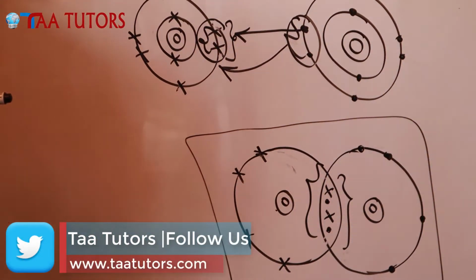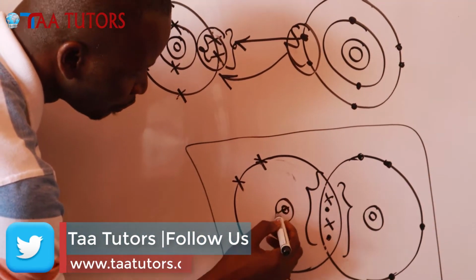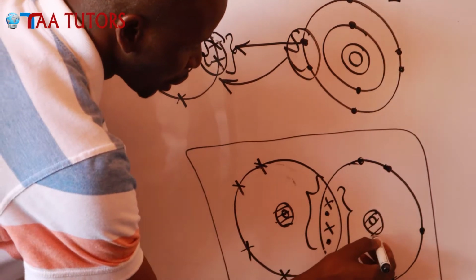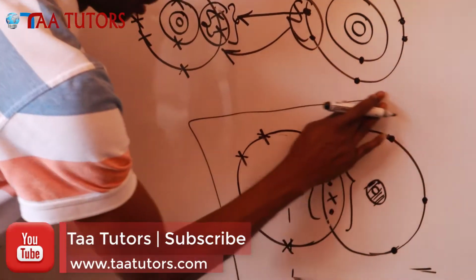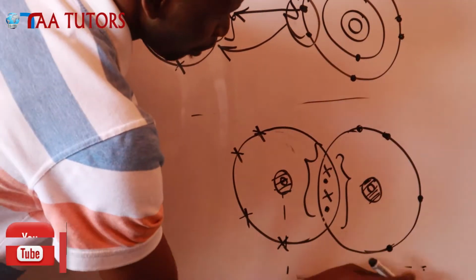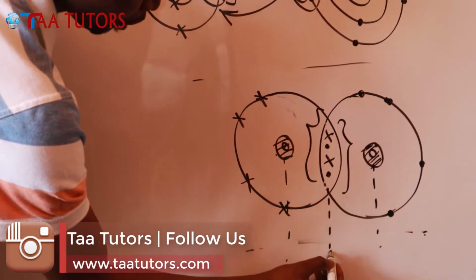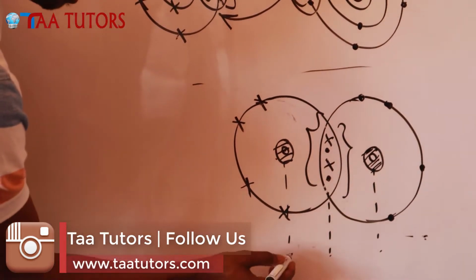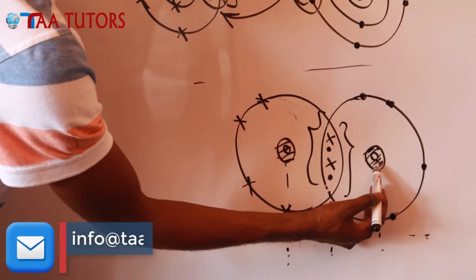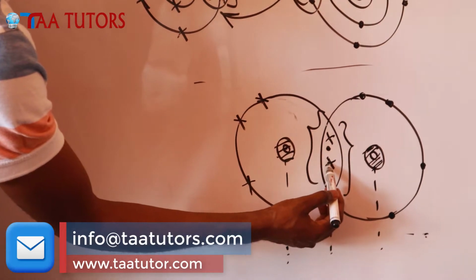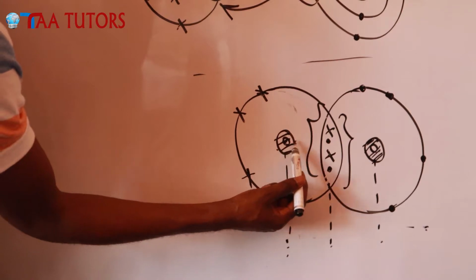So how does this attraction occur? We know that this one is a nucleus. Let me shade it. There's another nucleus here. Let me remove this box so that I can explain. This is another nucleus here, but here we have pairs of electrons, shared pairs of electrons. So we know that there's attraction here between this positive nucleus and the shared electrons, and also between this positive nucleus and the shared pair of electrons.